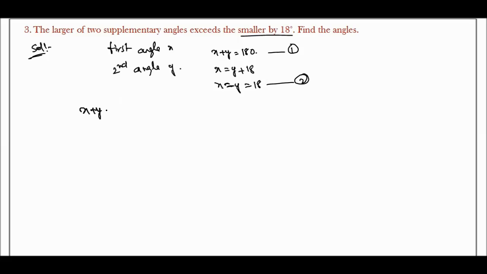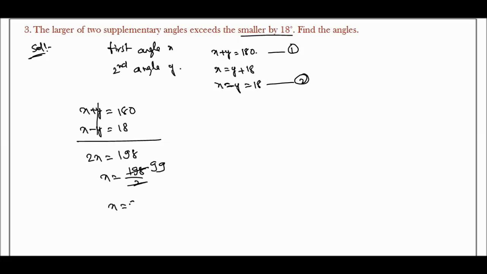So if we solve these two equations, we will get the answer. X plus y is equal to 180 and x minus y is equal to 18. So here 2x is equal to 198, and x is equal to how much? 198 divided by 2, 2 nines are 18, so 99. So x is equal to 99 here, and for y we substitute in this one.